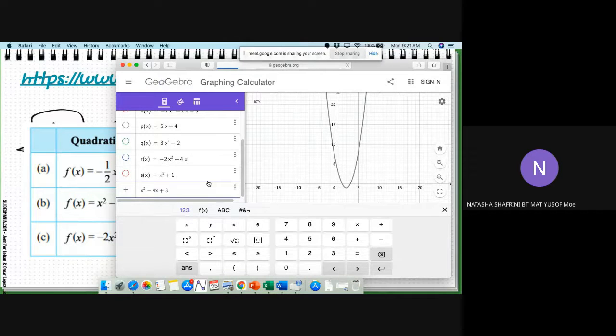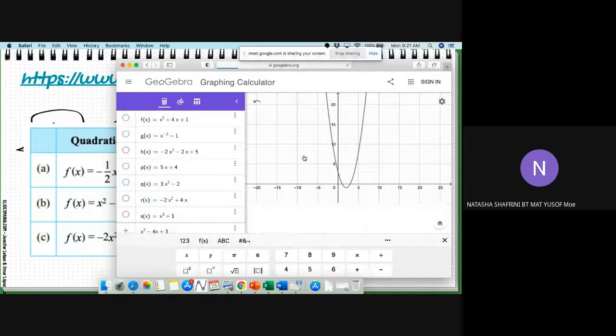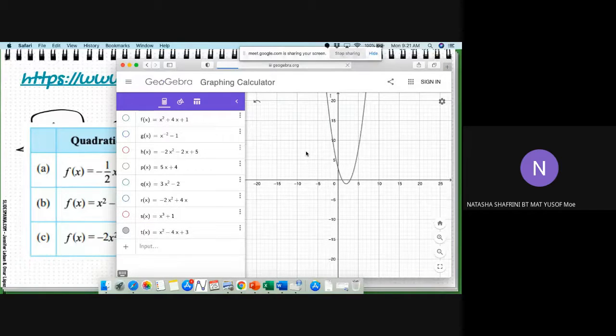Now shape of graph? U shape. Then coordinates point maximum or minimum? Minimum. Okay. Coordinates of minimum point. Apa koordinat dia? (2, -1). Okay, correct.